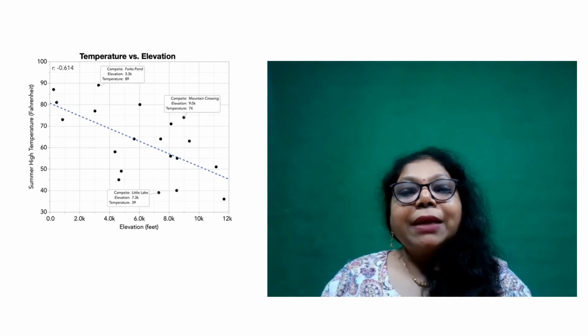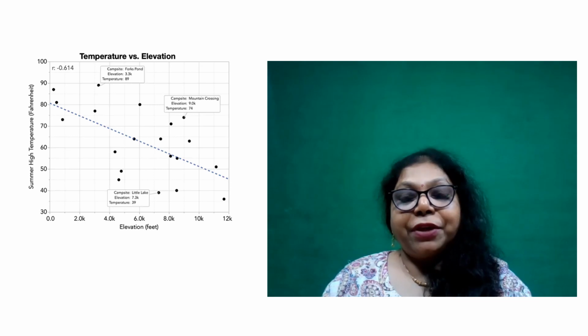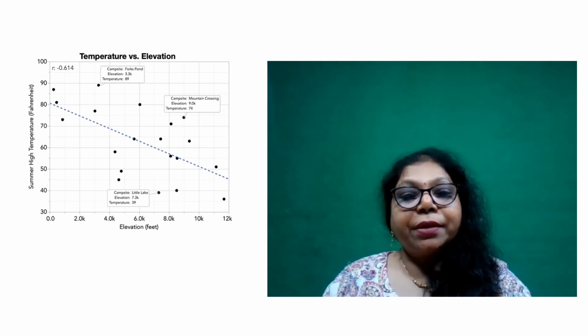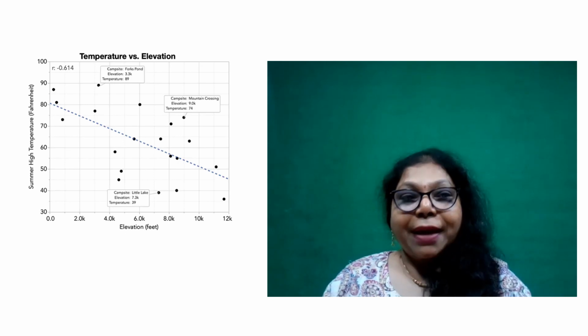For example, imagine that we looked at our campsite elevations and how highly campers rate each campsite on average. Now, perhaps at first, elevation and campsite ratings are positively correlated because higher campsites get better views of the park. But at a certain point, higher elevations become negatively correlated with the campsite ratings because campers feel cold at night.